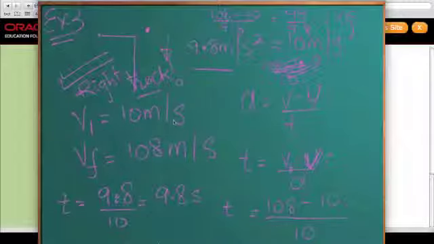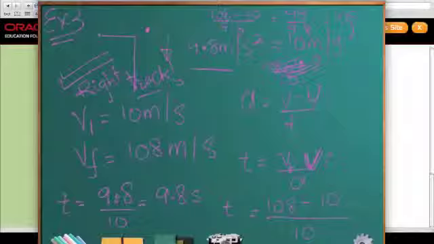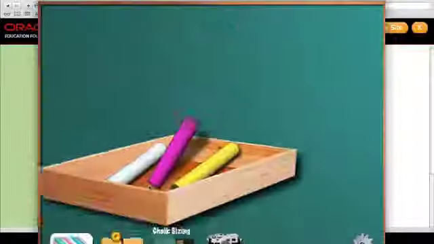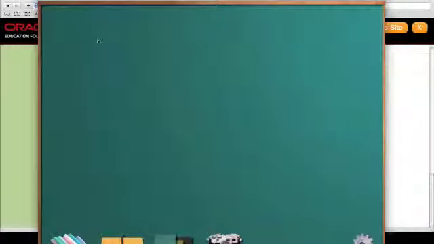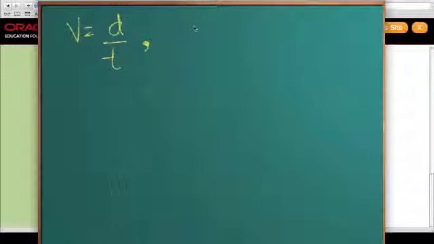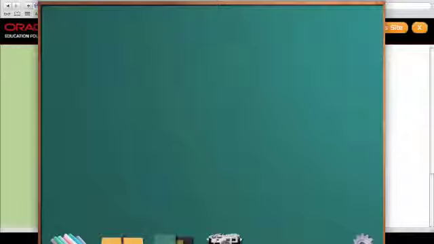So guys, we'll be doing much more difficult examples in the future. So just keep revising the formulas.